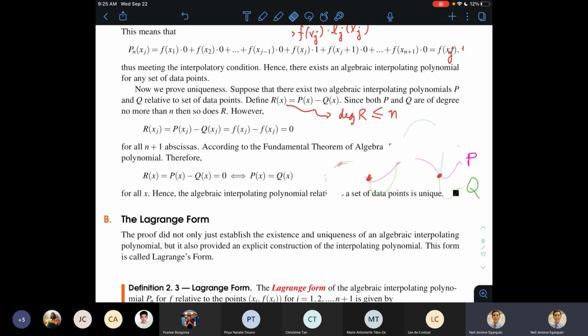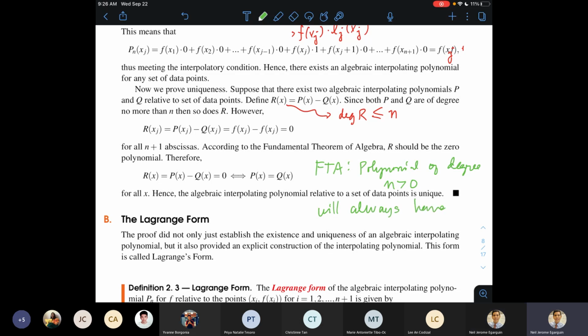Ano yung sabi ng fundamental theorem of algebra? Natatandaan niyo pa ba? Yung FTA. Sabi ng FTA, if you have a polynomial of degree n greater than 0, will always have at most n roots.